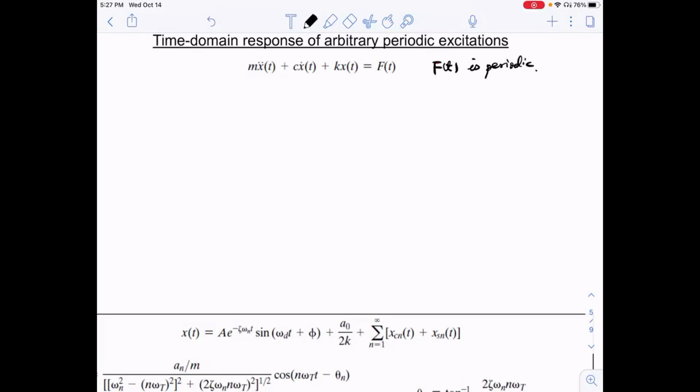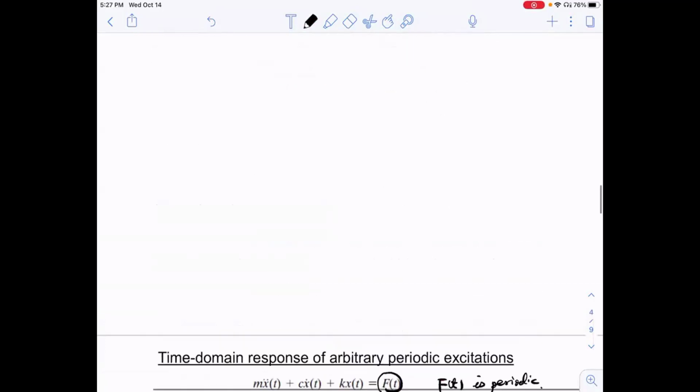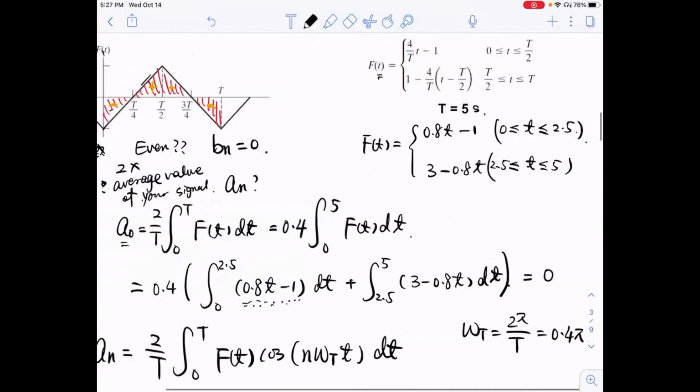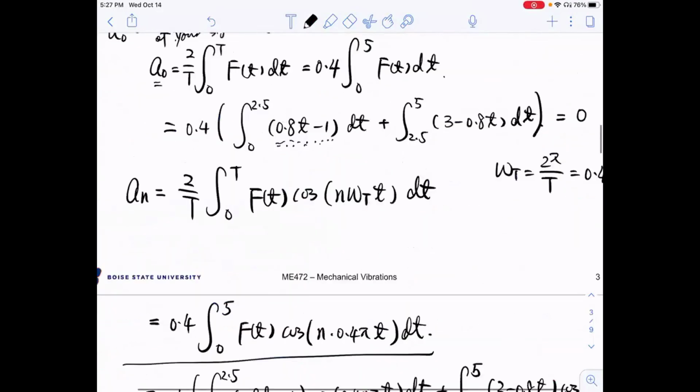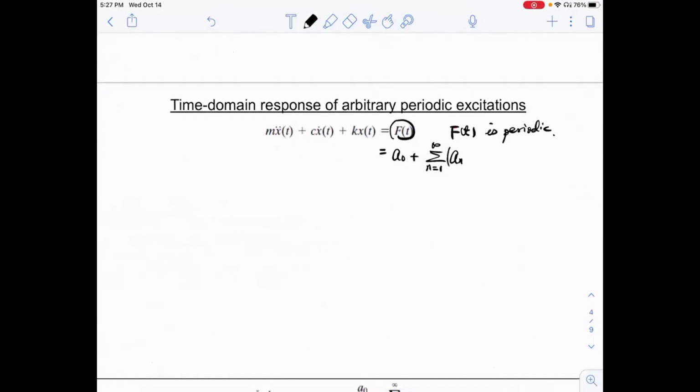That means we can convert our F(t) into A naught plus the summation of n from 1 to infinity of An cosine n omega t plus Bn sine n omega t.